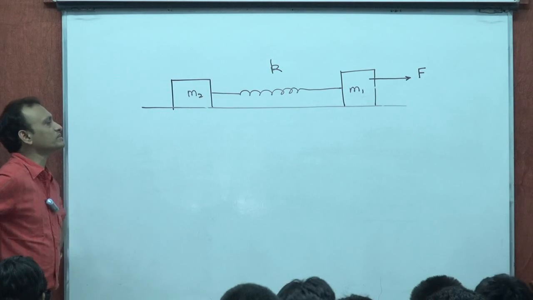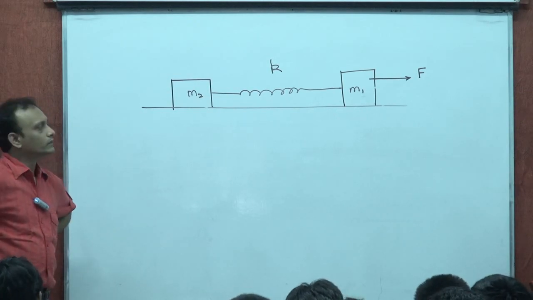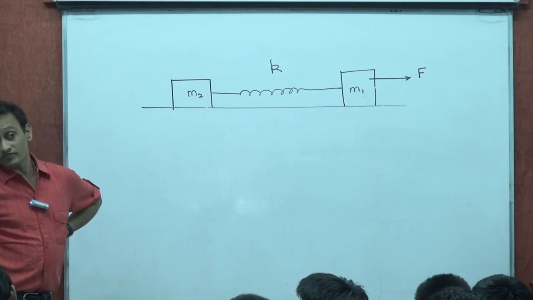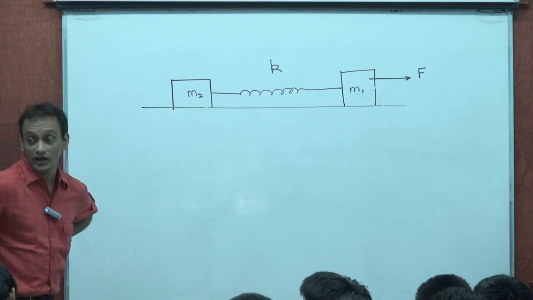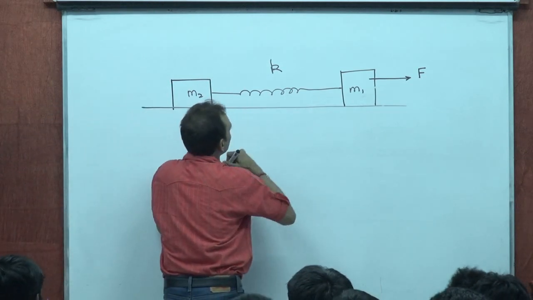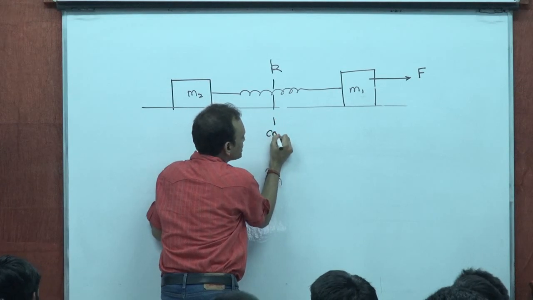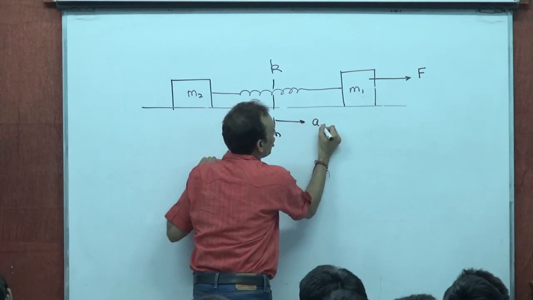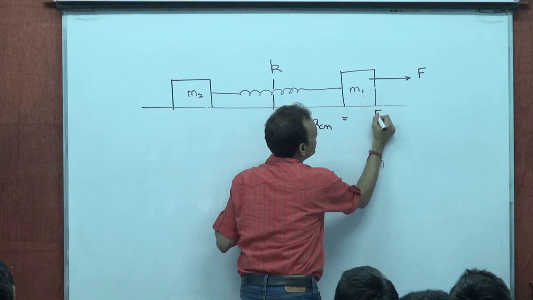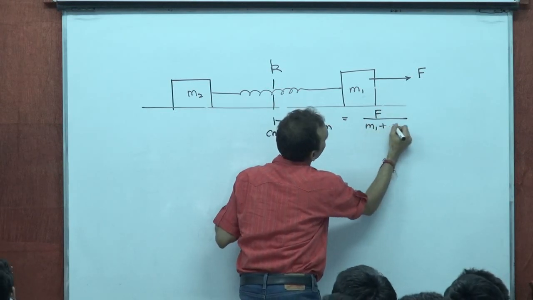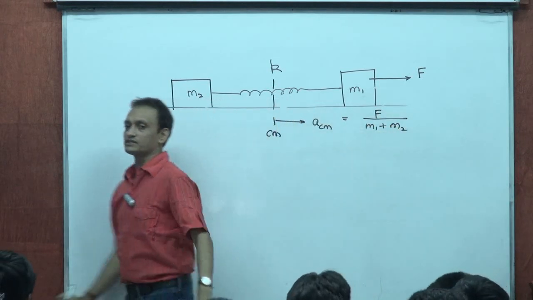Now, this kind of a system, once again, I'll analyze in the center of mass frame, which is an accelerated frame. In this case, realize that the center of mass is accelerated. Yes or no? The acceleration of the center of mass, as you would witness, is F by M1 plus M2.